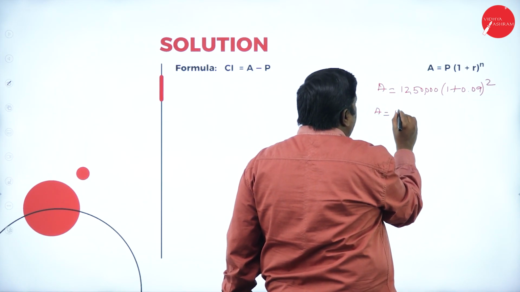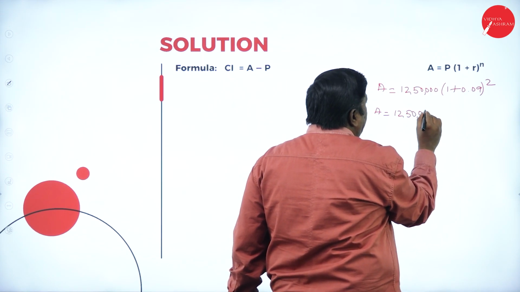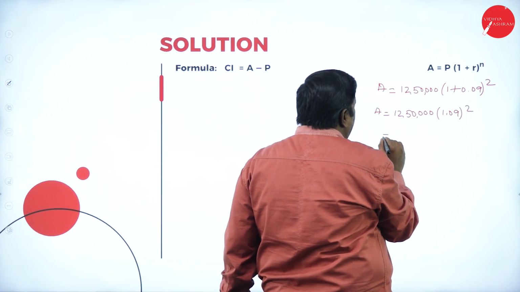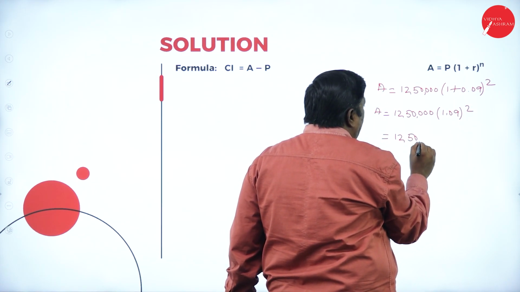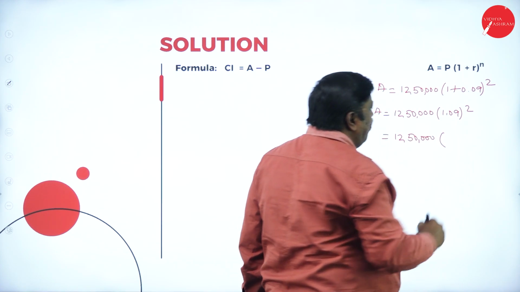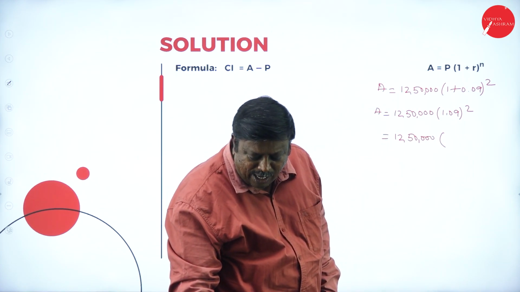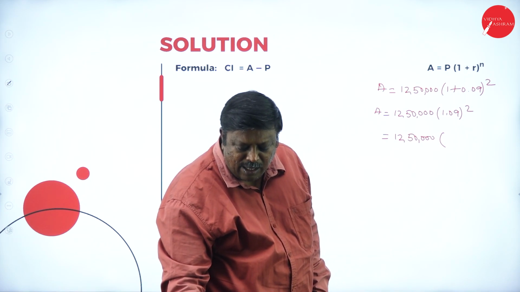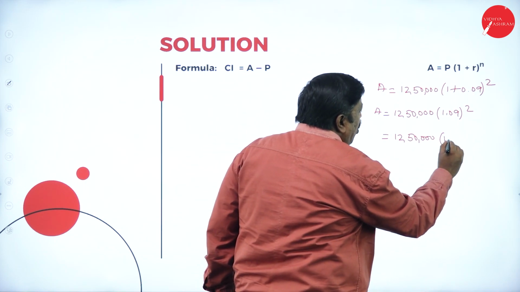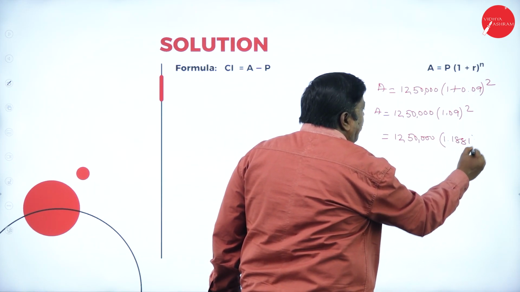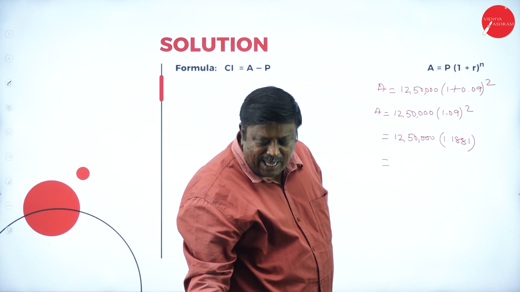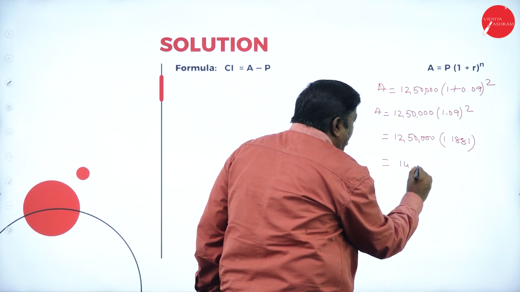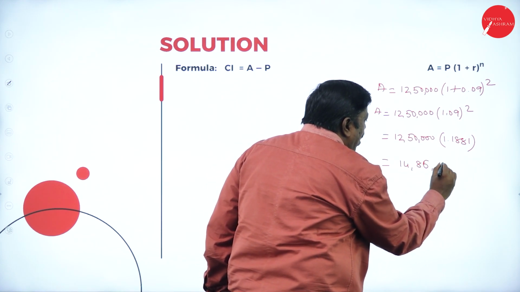Annuity equals 12,50,000 into 1.09 to the power of 2. 12,50,000 into 1.09 into 1.09, so it will be 1.1881 into 12,50,000, which is 14,85,125.